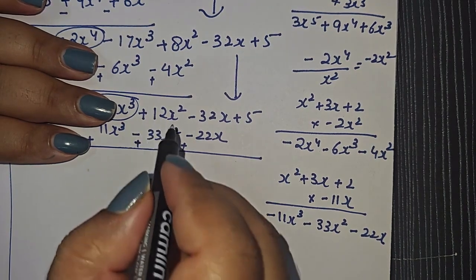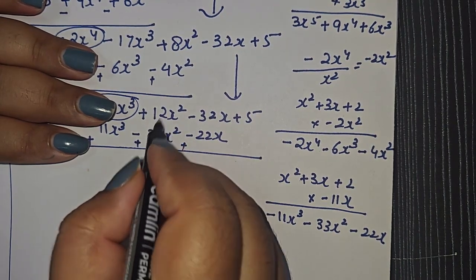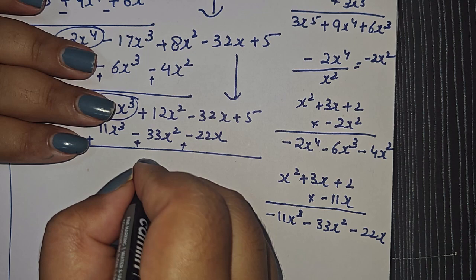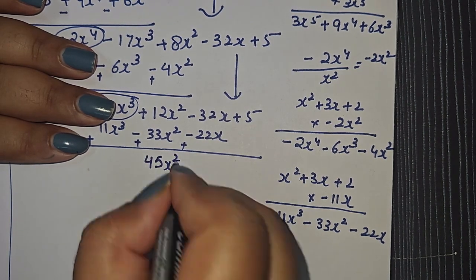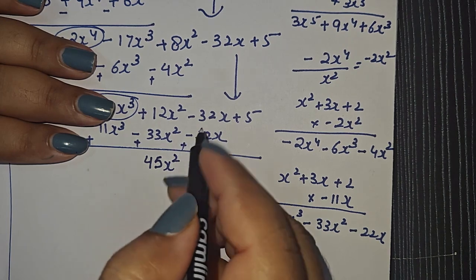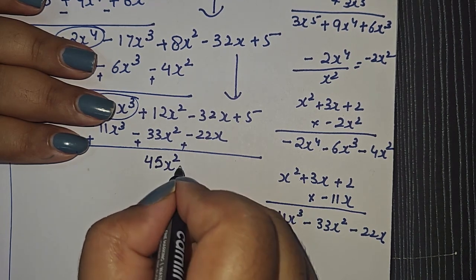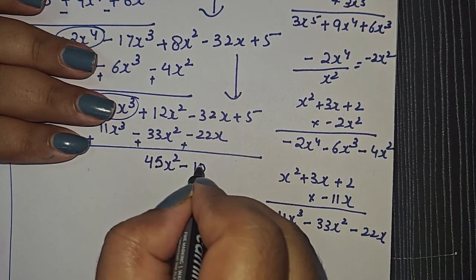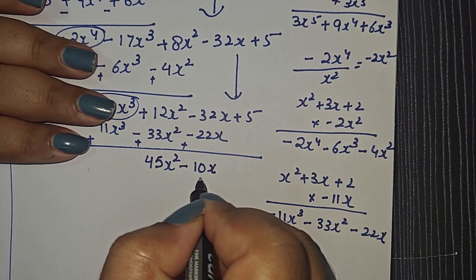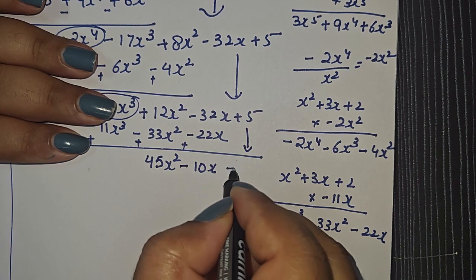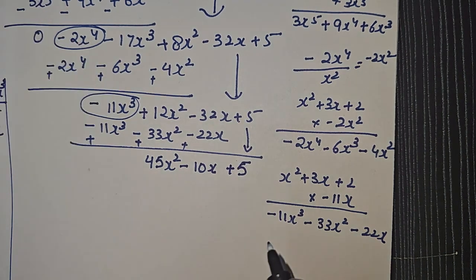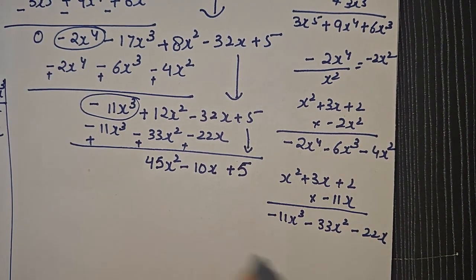This is plus, this is plus, so when we add it, it will be 45x square. This is negative, this is positive, so we have to subtract: minus 10x. This one, now we will bring it here, so it will be plus 5. Okay, so we can solve it further.